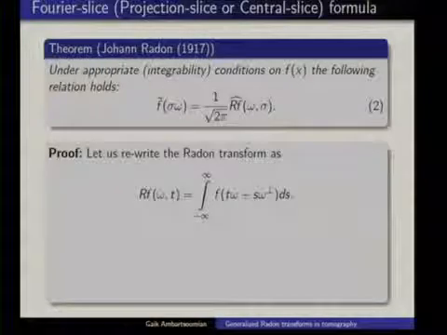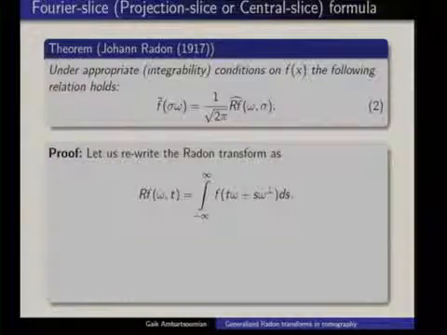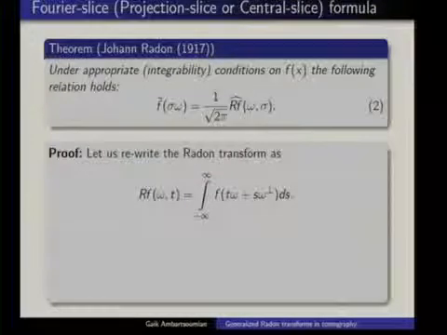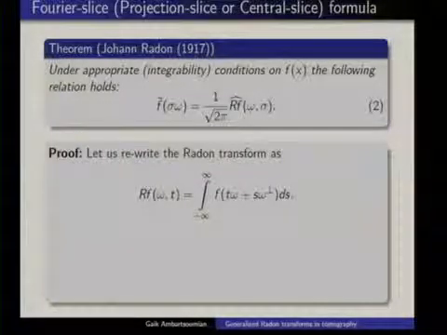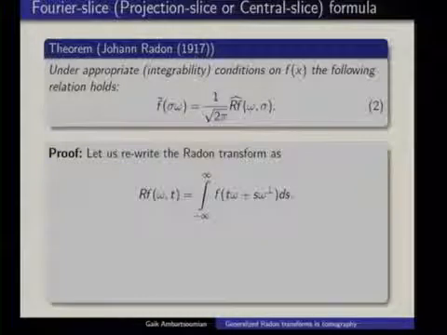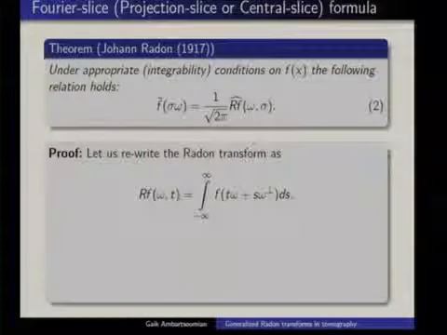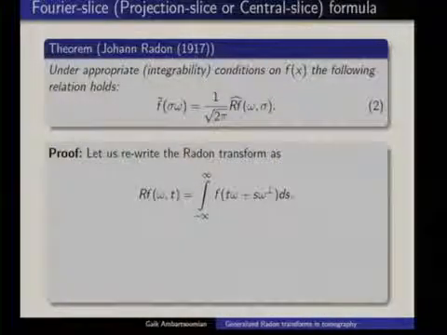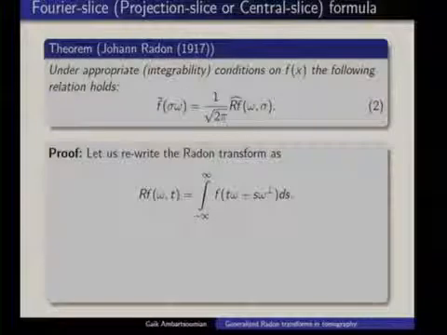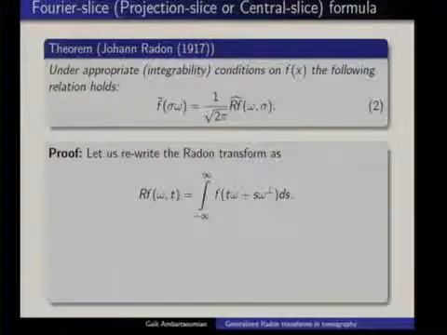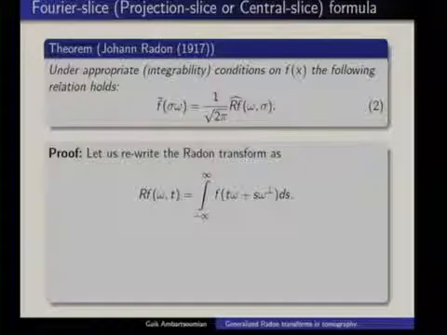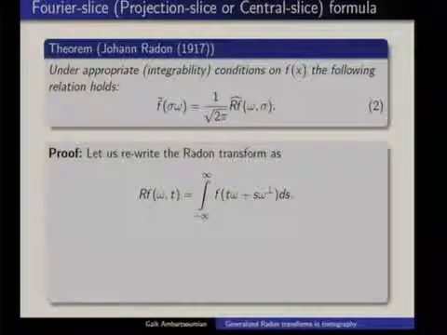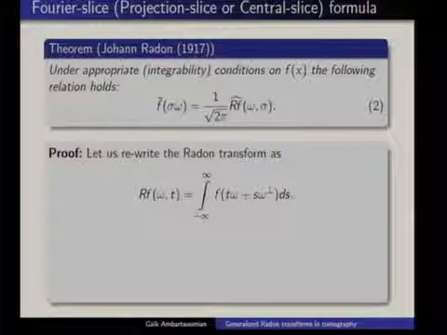So the proof is two lines. We just rewrite the definition. We'll rewrite the transform. This is the definition. Now let me make sure that everybody can see what we're doing. So if this distance is t, and this is the unit vector omega, then when you do omega t, you end up right here, and then omega perp is the vector in this direction, and then s is measured basically along the line that you integrate.